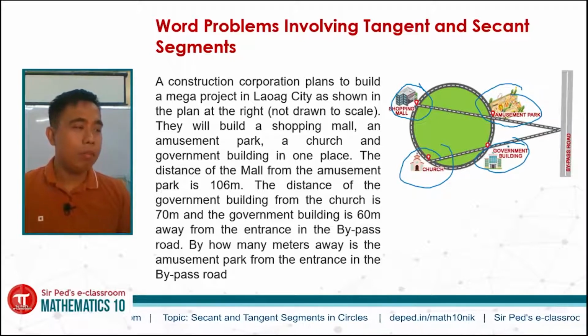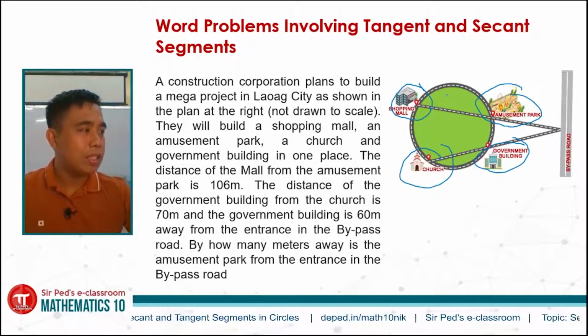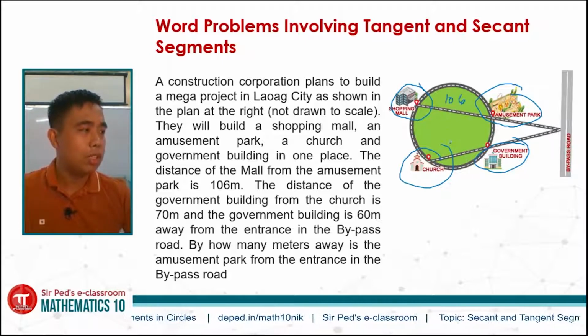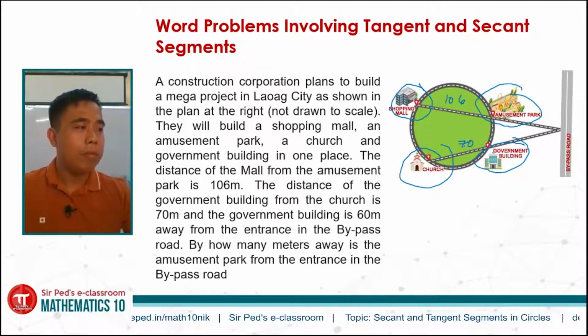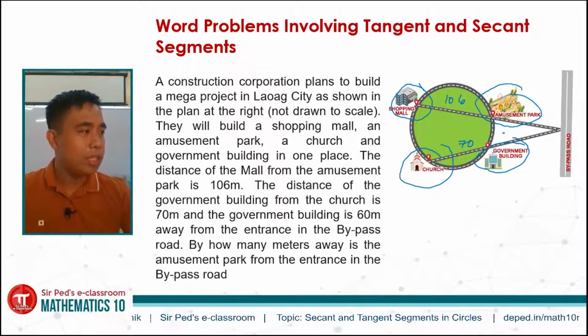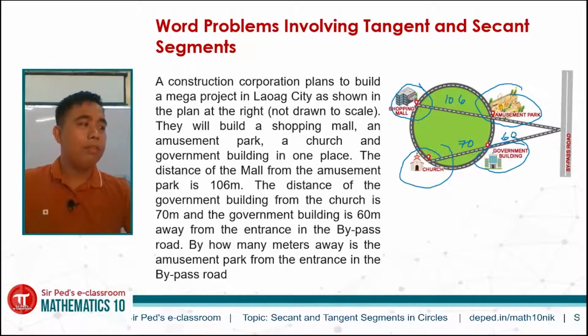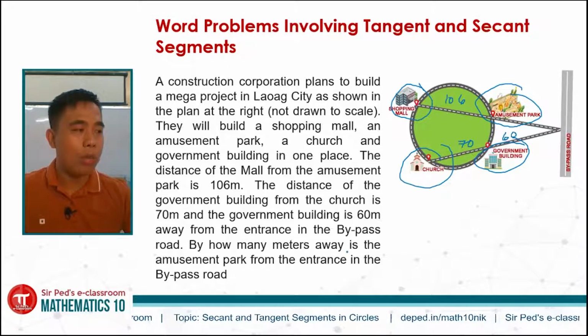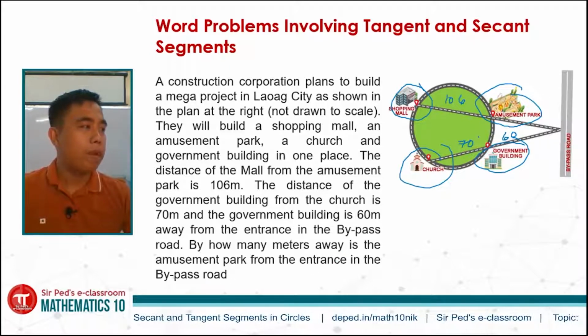The distance of the mall from the amusement park is 106 meters. The distance of the government building from the church is equal to 70 meters. The government building is 60 meters away from the entrance in the bypass road. By how many meters away is the amusement park from the entrance in the bypass road?